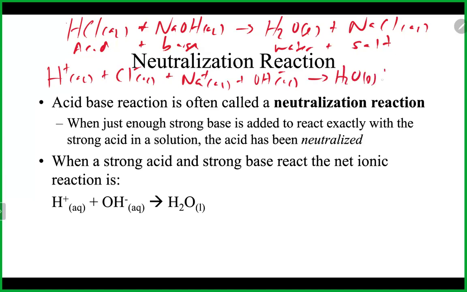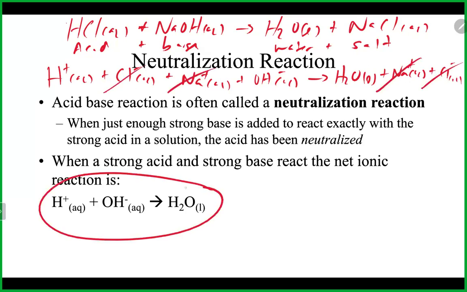And you would break apart your sodium chloride because it is a strong electrolyte as well. You would find your spectator ions, which is the chloride on both sides and the sodium on both sides. And you get basically the net ionic equation that's happening here when you take an acid and a base together. The H+ from the acid will hook up with the OH- from the base and basically make water, which again is why it's referred to as a neutralization reaction.